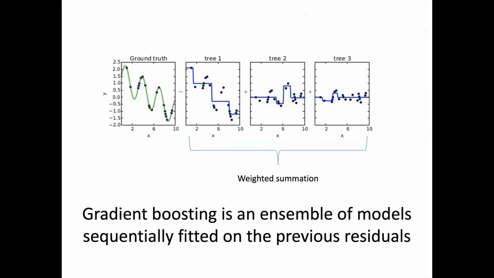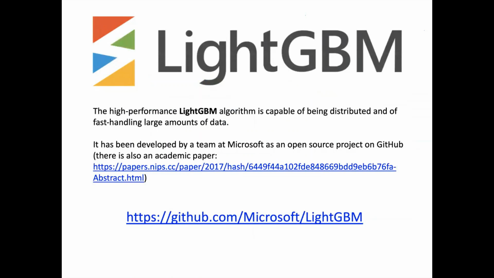Gradient boosting is the most efficient way to do so, because it's a weighted summation of different models, each one built on the residuals, that is the errors of the previous ones. Among gradient boosting implementations, LightGBM is one of the most efficient. You may have heard of the recent histogram-based gradient boosting in scikit-learn.